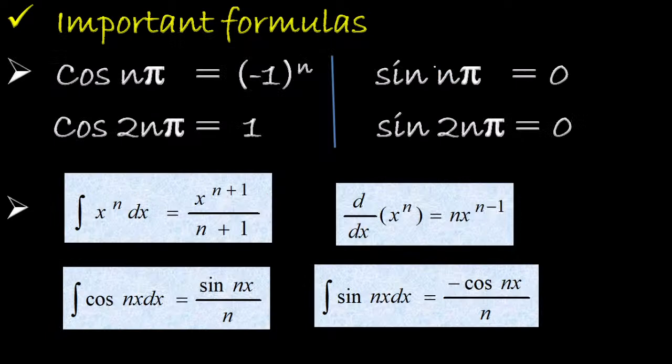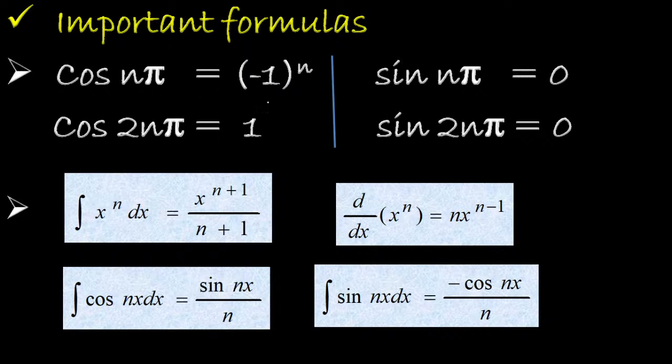The next important thing you have to remember is, while substituting the limits, you should know the values of cosine and sine terms in terms of n pi and 2n pi. Cos n pi is minus 1 whole power n, whereas cos 2n pi is plus 1.